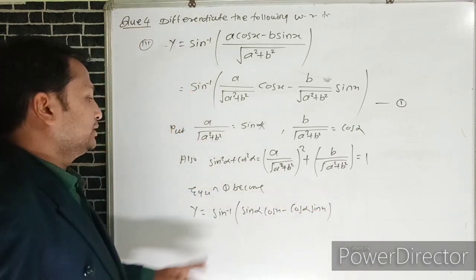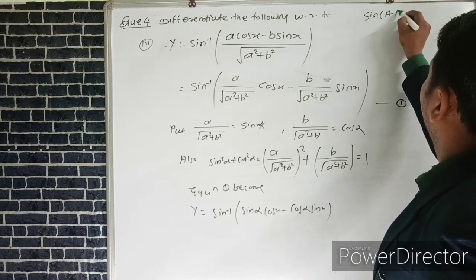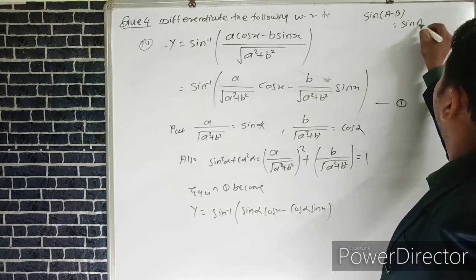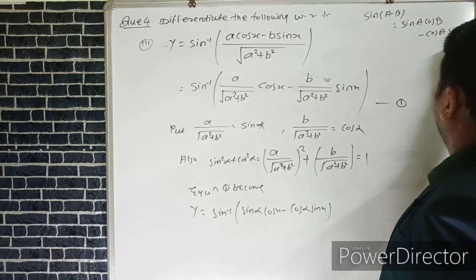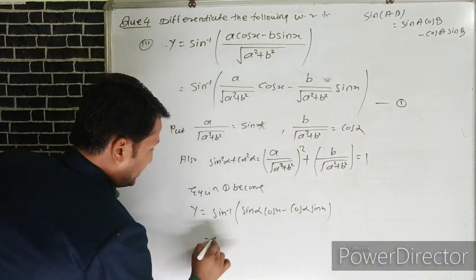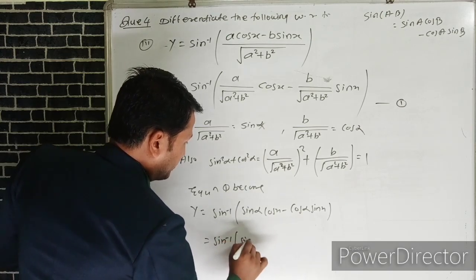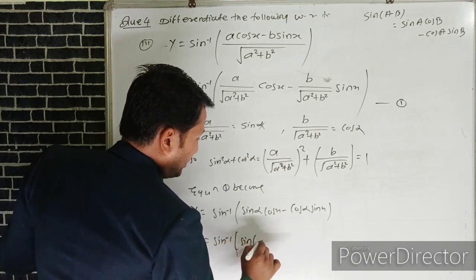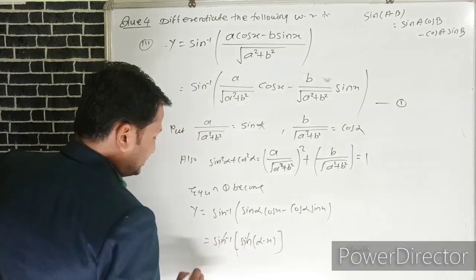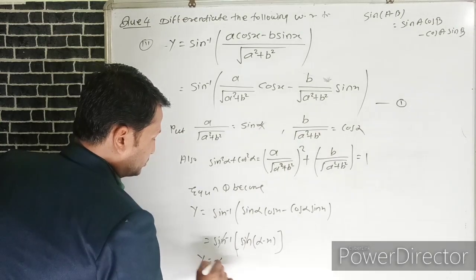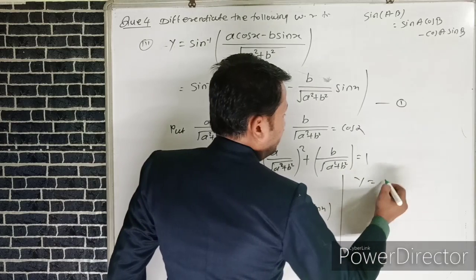By using the rule of sin of a minus b is equal to sin a cos b minus cos a sin b, we can write it as sin inverse of sin of a minus b, meaning alpha minus x. Here sin inverse sin is cancelled, then we can write the value of y is equal to alpha minus x.